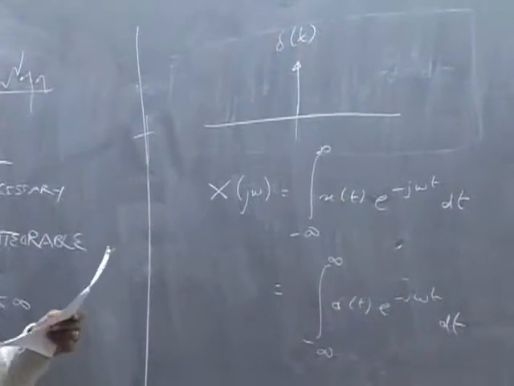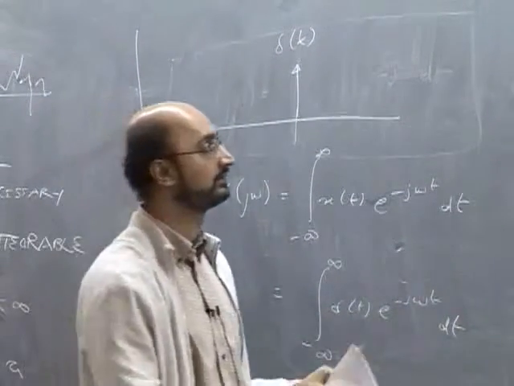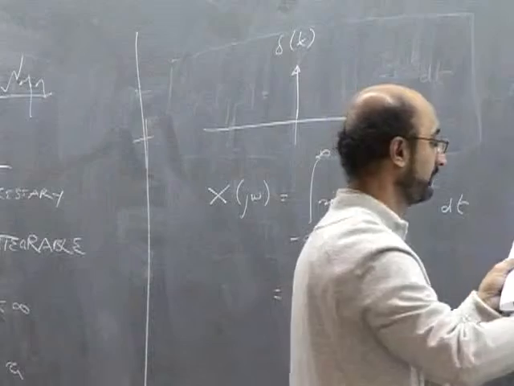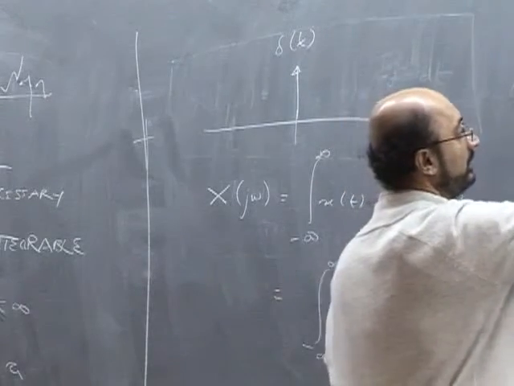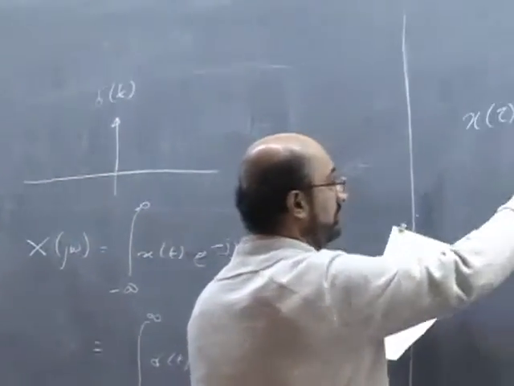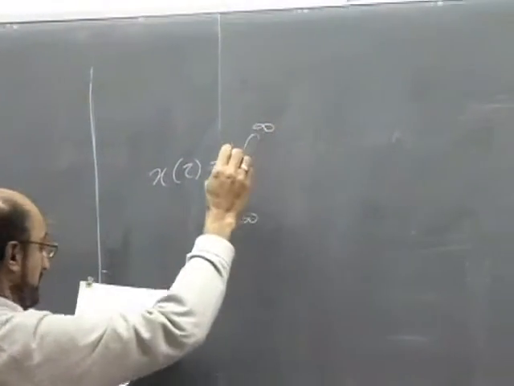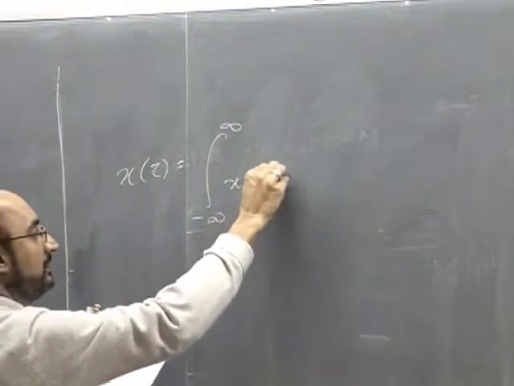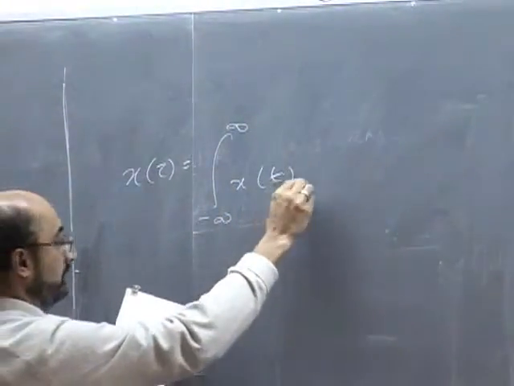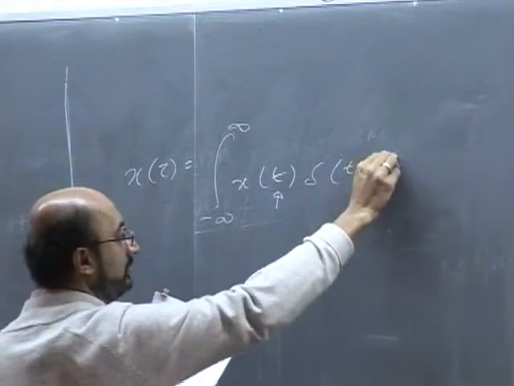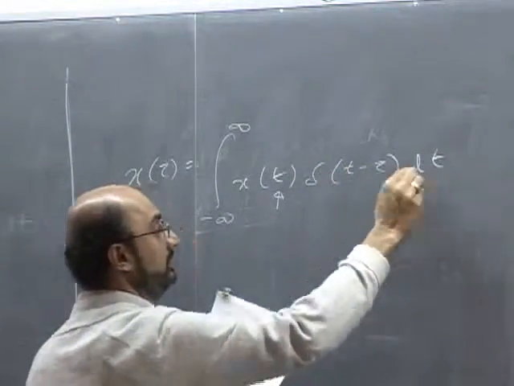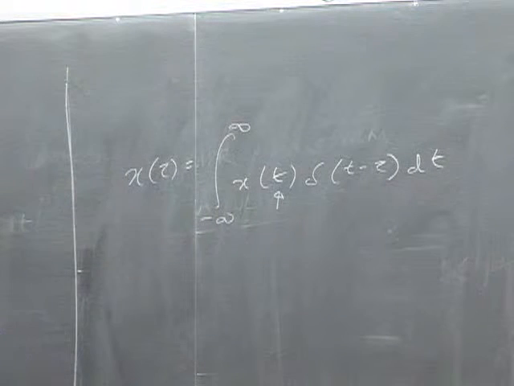Now I'm going to remind you of a fact that I wrote down a couple of lectures ago, which was that x(tau) is given by the integral from minus infinity to infinity of x(t) delta(t minus tau) dt. This is the convolution definition.